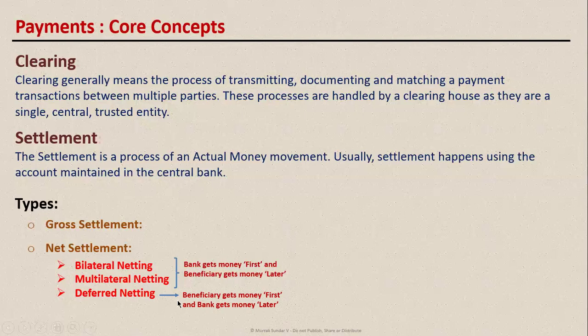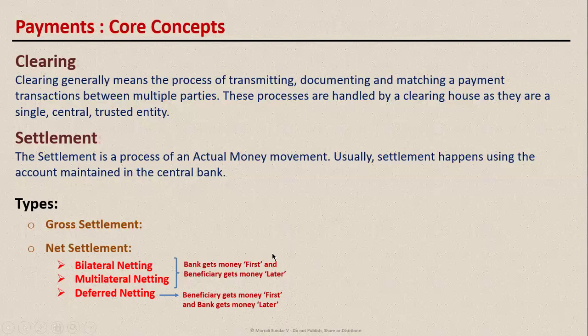So that's the concept of deferred netting. Again, deferred netting is also multilateral only. They will calculate all the money whoever has to give, and the final obligation is calculated and settled. The difference is that in deferred netting, first the customer gets the money, then finally the bank gets the money. So the only difference is these two things, right?